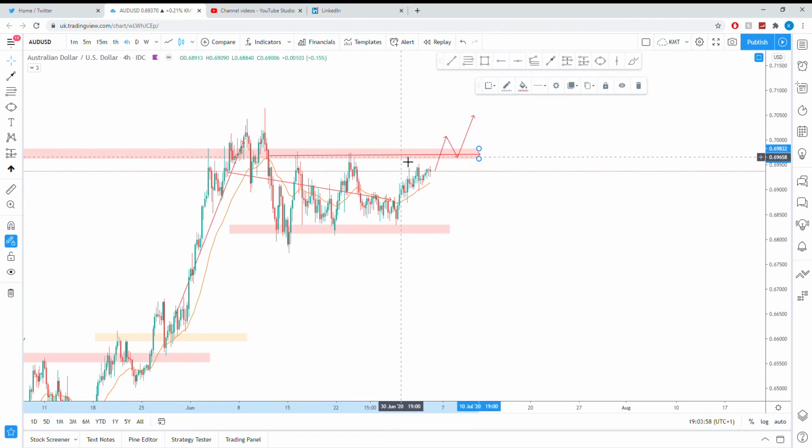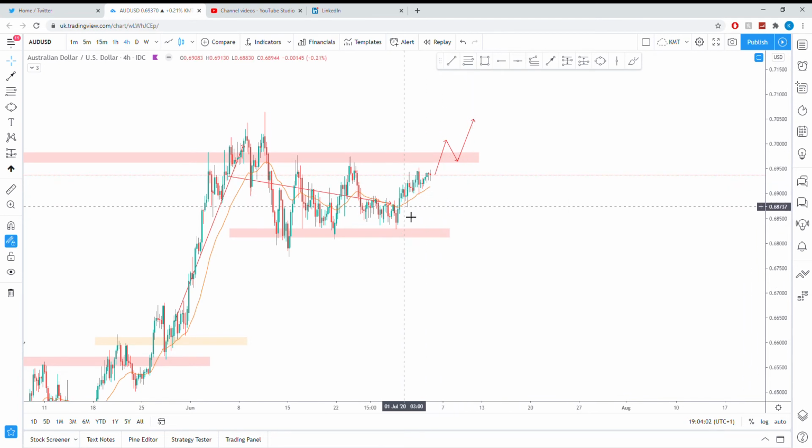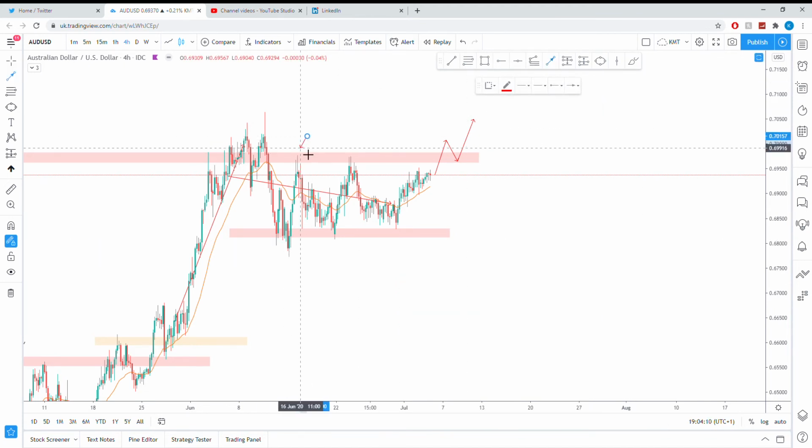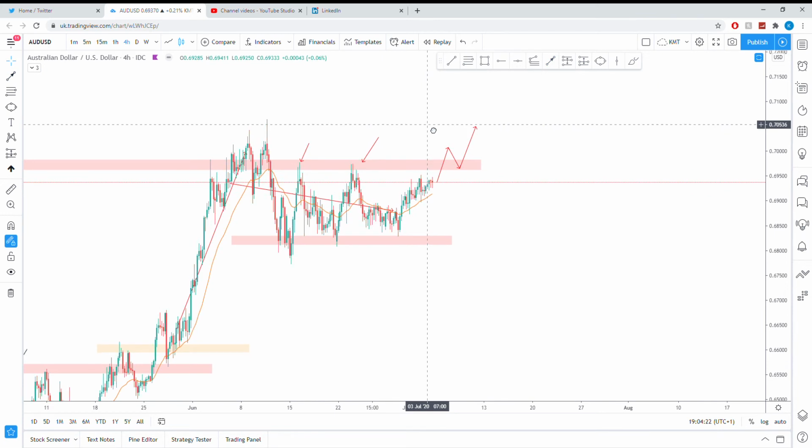So that's the range I'm looking at. But most importantly, you can see how we've got structure here to show that it's got previous resistance. So just by looking at the chart, if we're able to go above this zone and find a strong retest, long term, this will be great for us to potentially push higher.